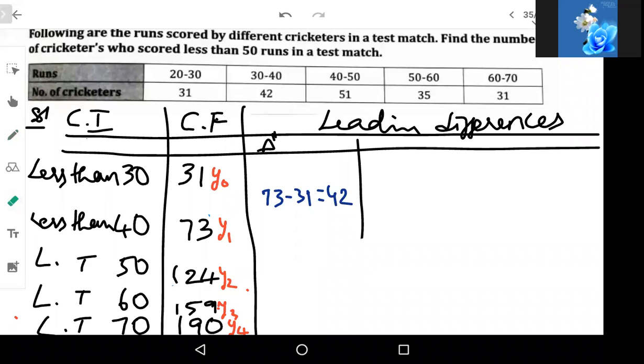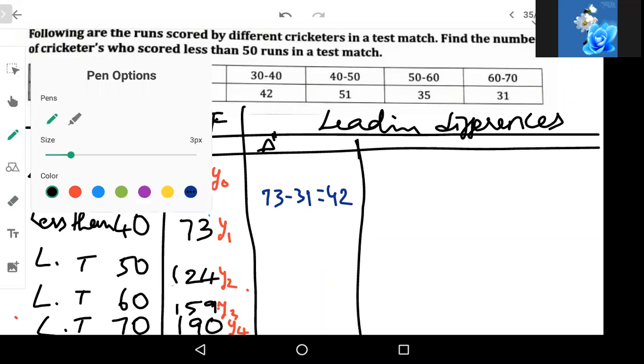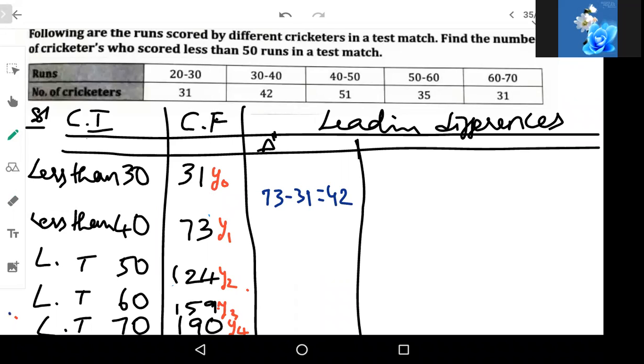Now the second difference that we will be finding is between 124 minus 73, which will give us 51.